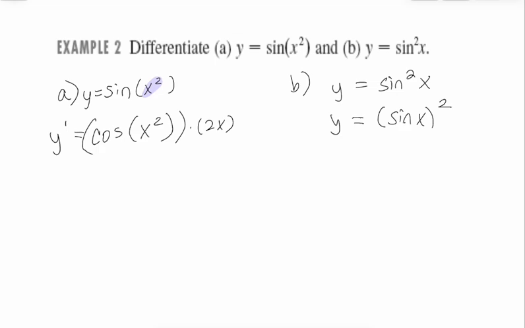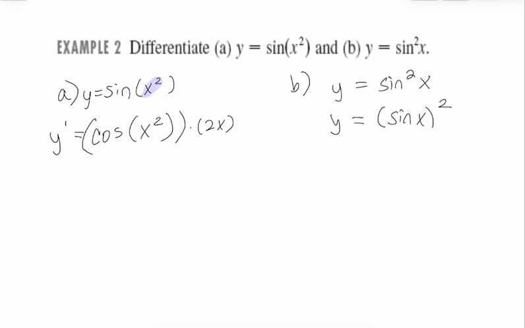Now we can see what is our inside function. Sine of x. What is our outside function? The power, the square. So now it is the exact kind of opposite thinking of A. They're almost identically flip-flop problems.